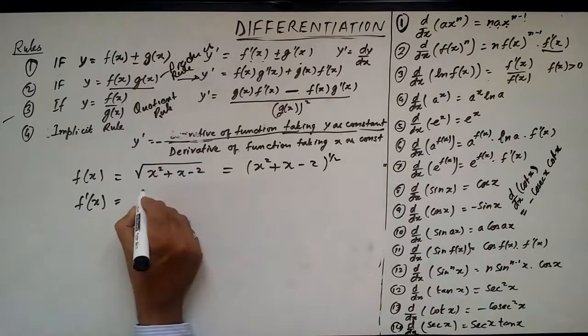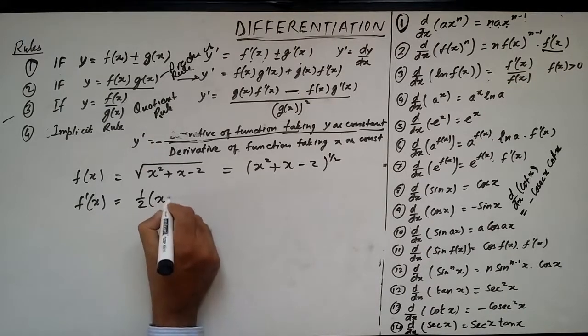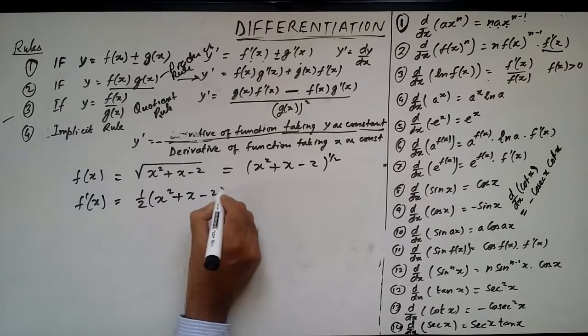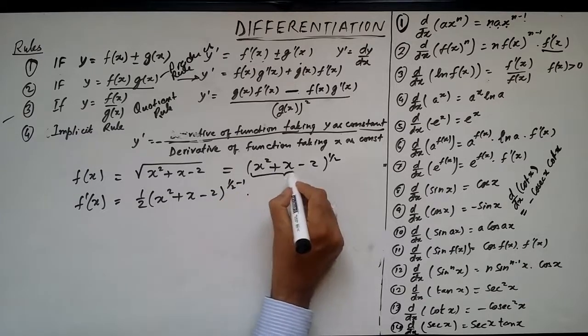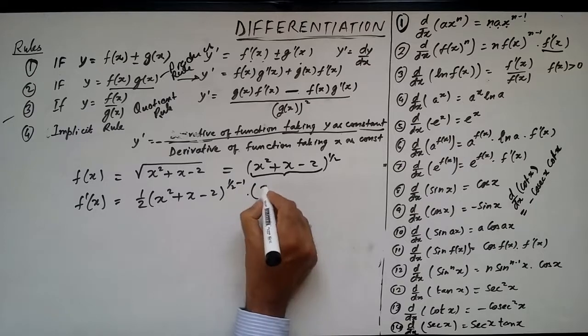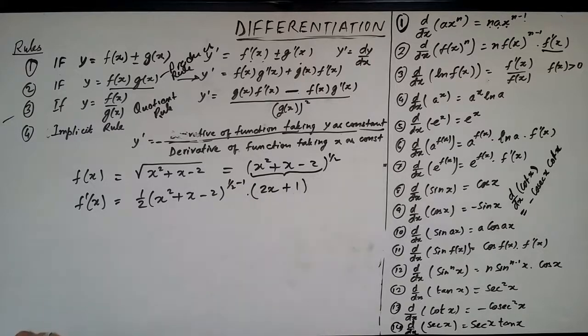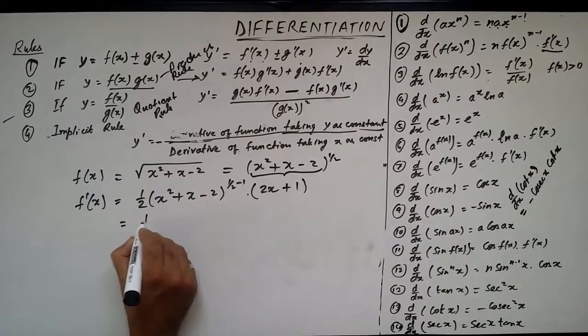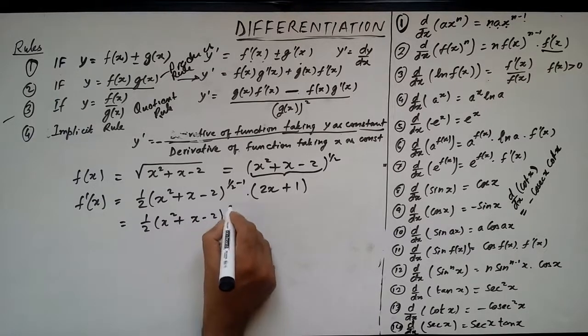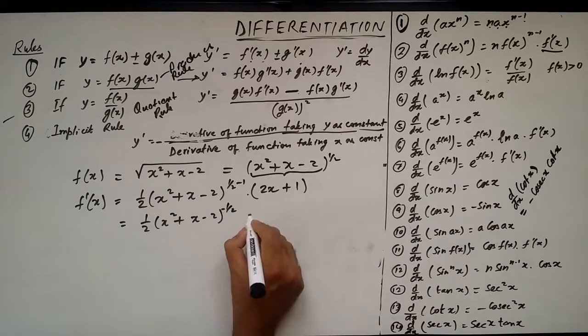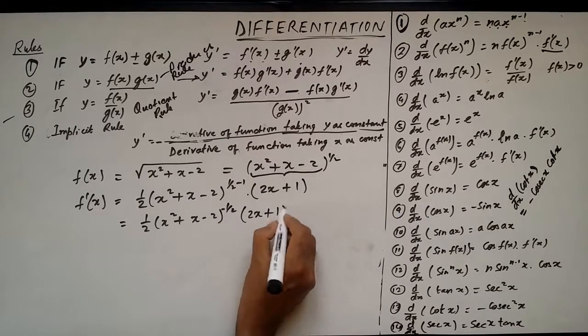So it will be half of (x squared plus x minus 2) to the power half minus 1, and then the differentiation of this function, which is 2x plus 1. So this becomes half into (x squared plus x minus 2) to the power minus half into (2x plus 1).